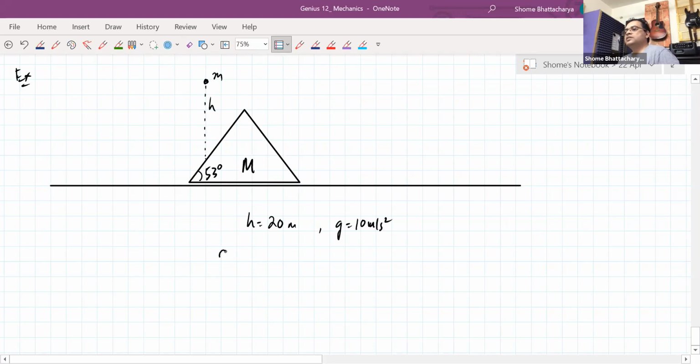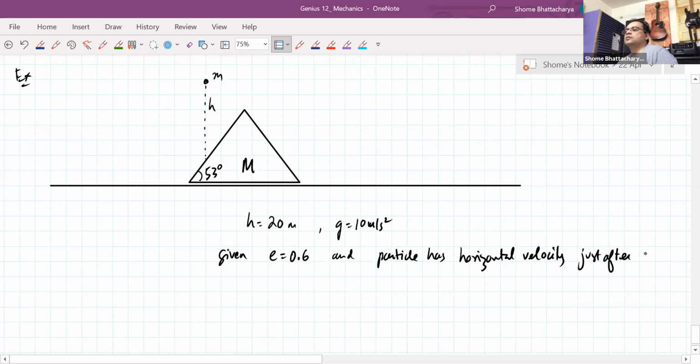Now it is given that E is equal to 0.6, and the particle has horizontal velocity just after impact. Let's say that the particle's horizontal velocity is v1.